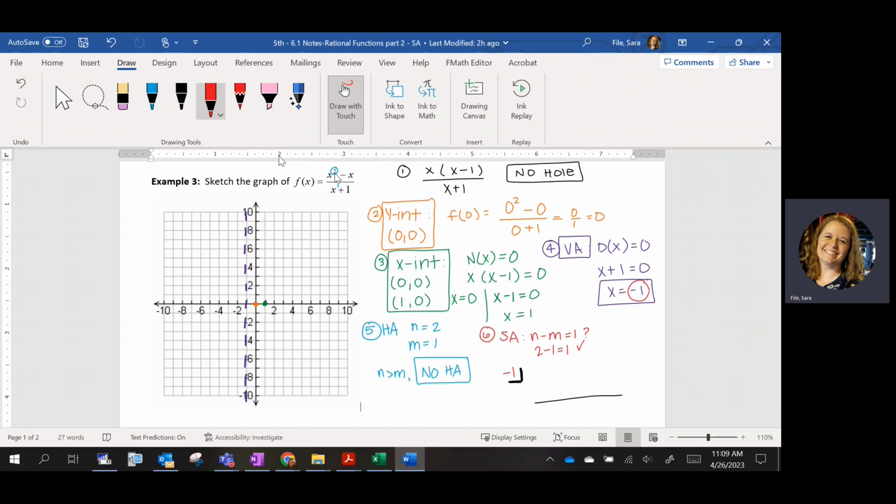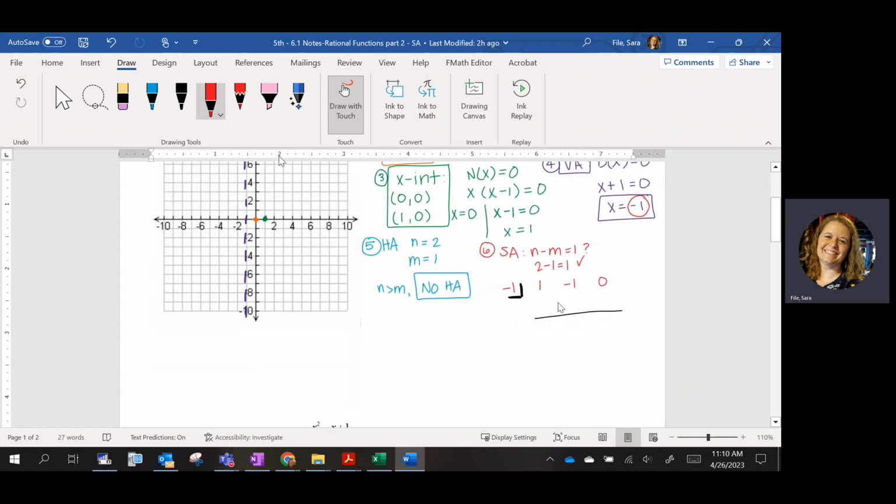So there should be 3 numbers. So what's the coefficient of x squared here? 1. What's the coefficient of x? Yeah, it's -1. And is there a constant here? So we put a 0 as a placeholder. So we're going to have 1, -1, and 0.